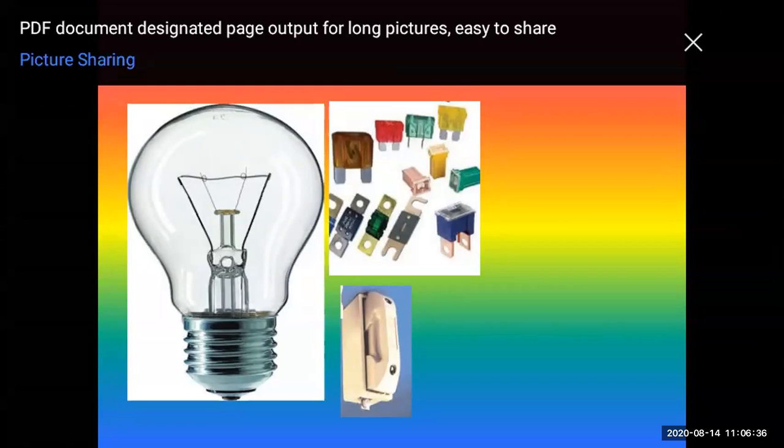So at home, you should know that there are three types of wire: live wire, neutral wire, and earth wire. Okay, live and neutral wire have a potential difference of 220 volt, and the earth wire is connected to the ground. So if there is a fault in the equipment, or if the plastic coating on the live and neutral wire gives way, the two wires will come in contact with each other.